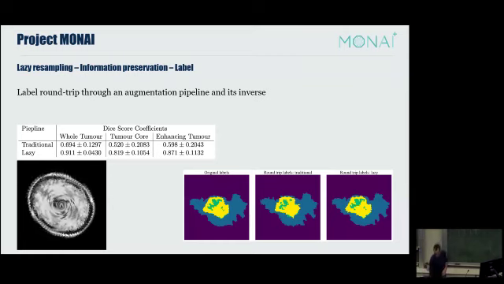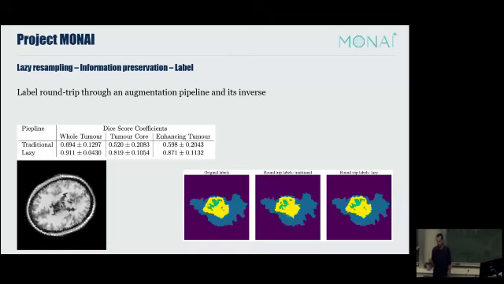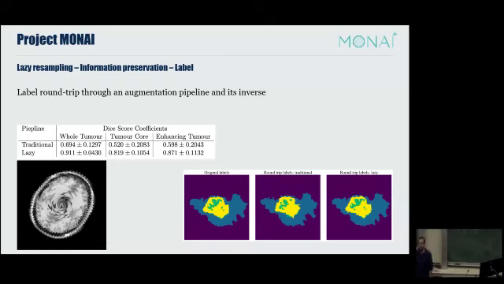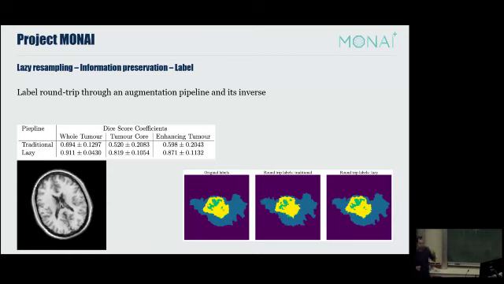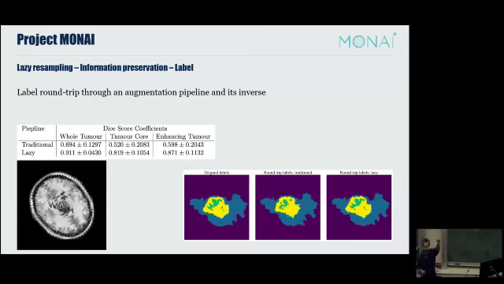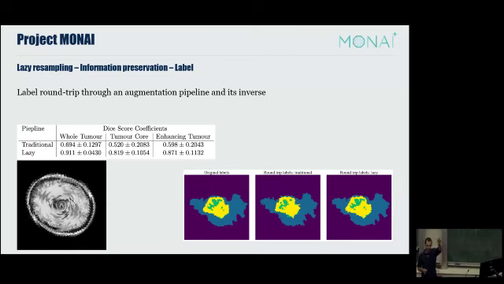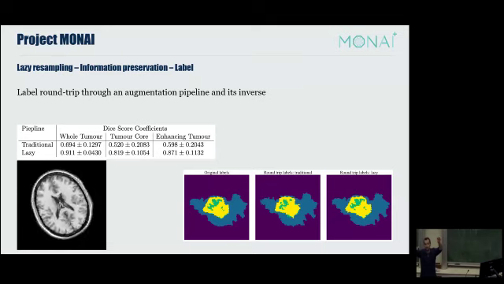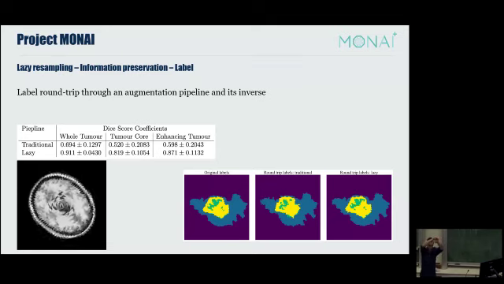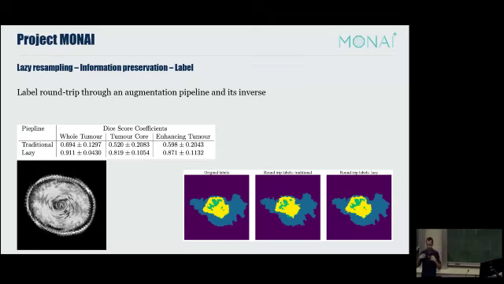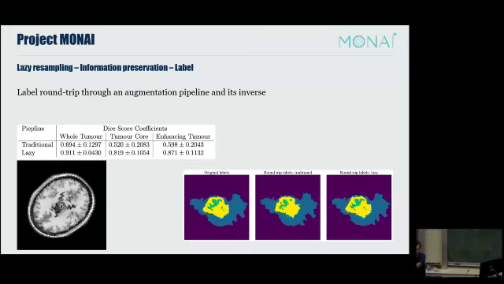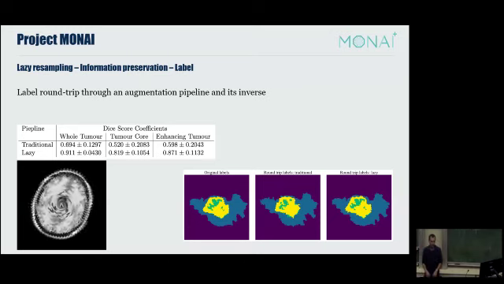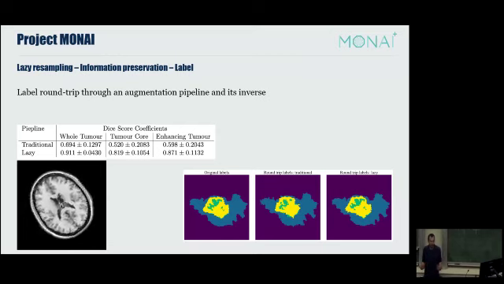But what we wanted to do is quantify how much of an impact it may have. The way we've done it is that we took a region of interest, and on this region of interest, we had a segmentation. We applied an augmentation pipeline, and then we applied the same augmentation pipeline back. Ideally, if I go toward a direction and then I go in the opposite direction, I should come back to the same place, so the error should be 0.